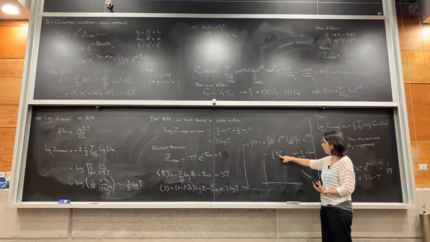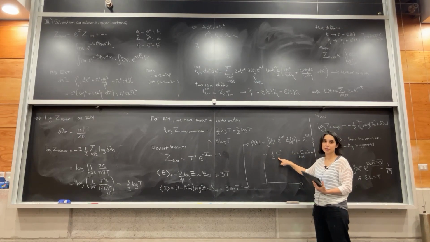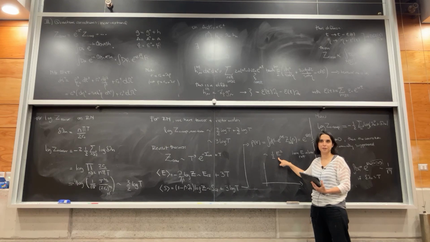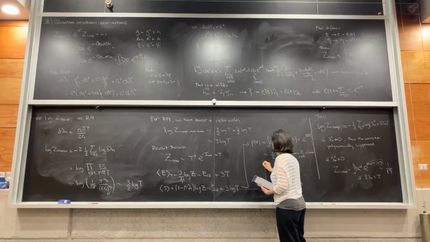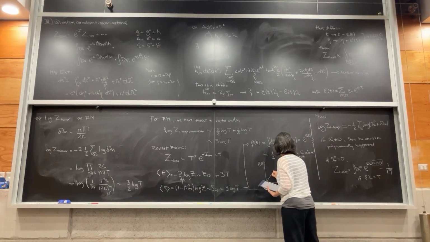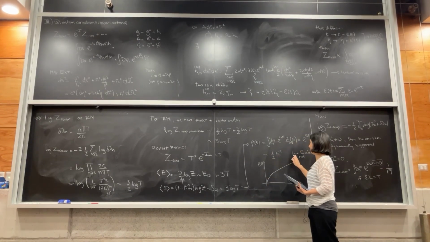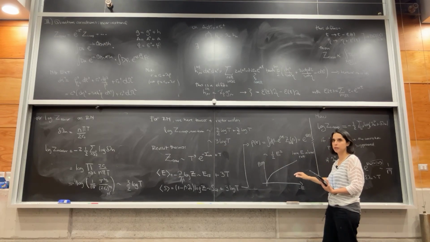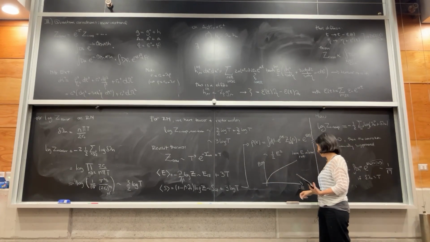And what this is telling me is that as the energy goes to zero, the density of states goes to zero. So if I plot rho of E as a function of E, this basically will have some form as you complete it, but basically now it's going to zero.